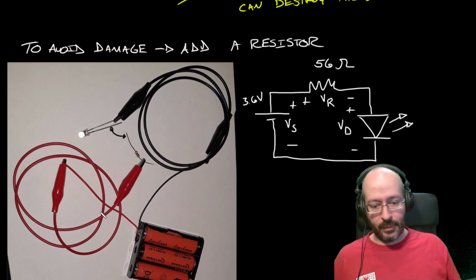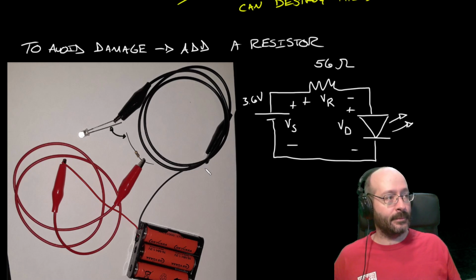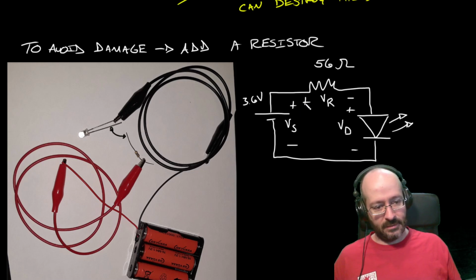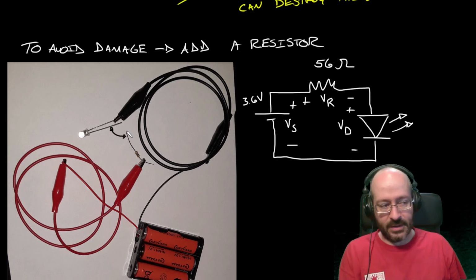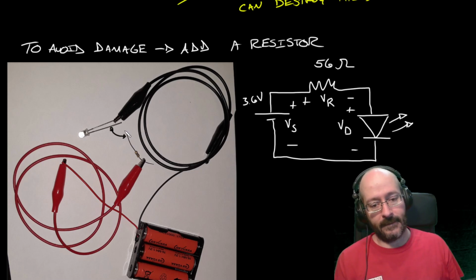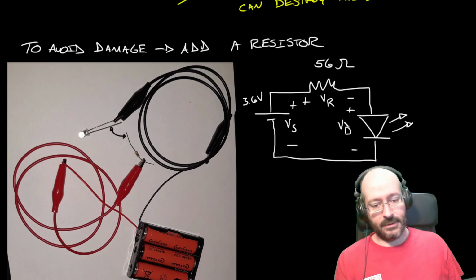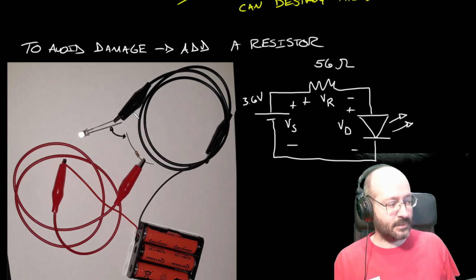Okay, so the red probe, maybe I would touch it over here to the alligator clip, and the black probe would go over here to the black alligator clip.